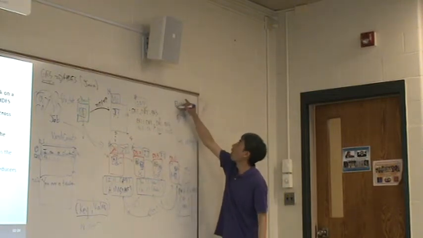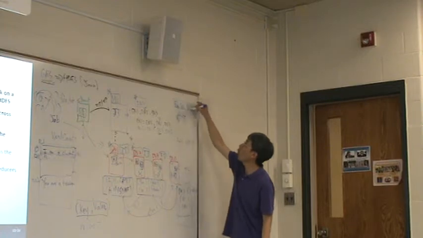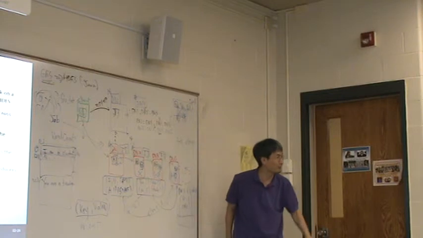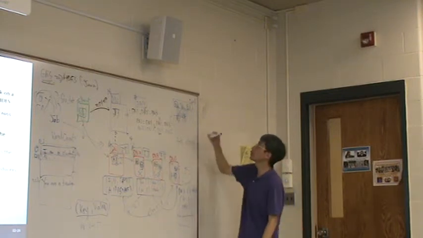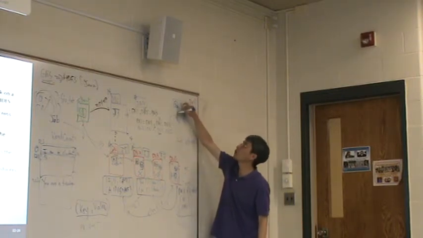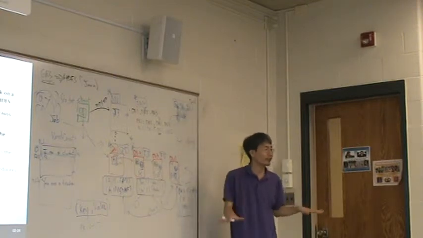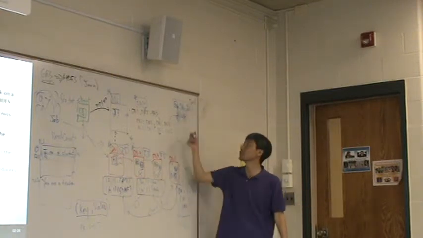Also, until all mappers are done, the reducer cannot start reducing. However, you can transfer the output of a mapper even though the whole job is not done yet. So sometimes it is allowed.